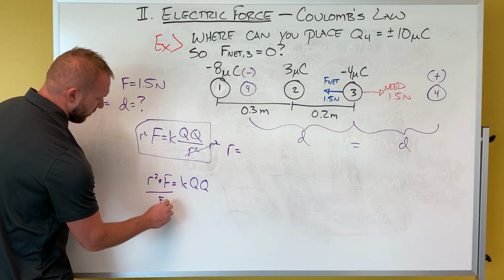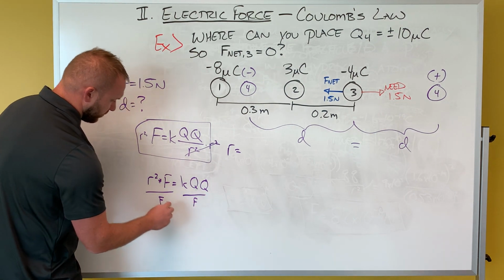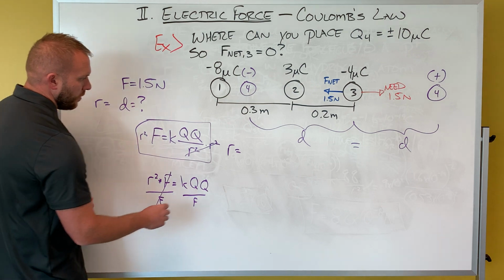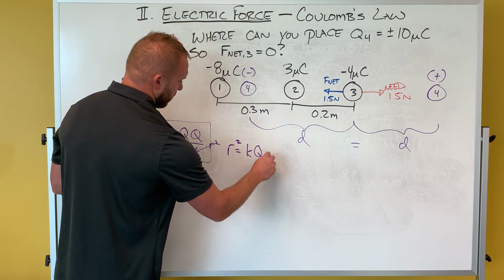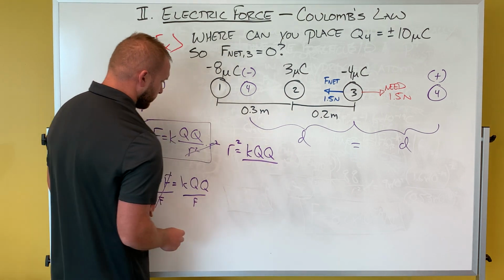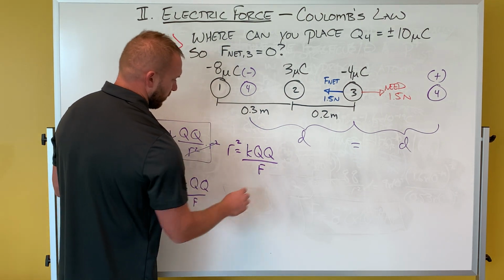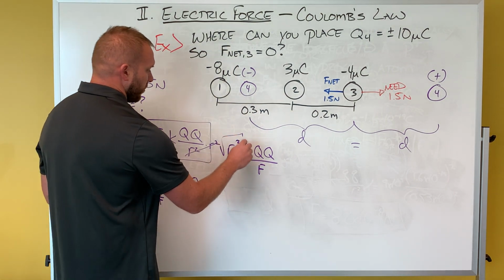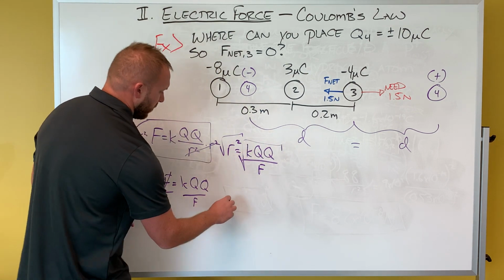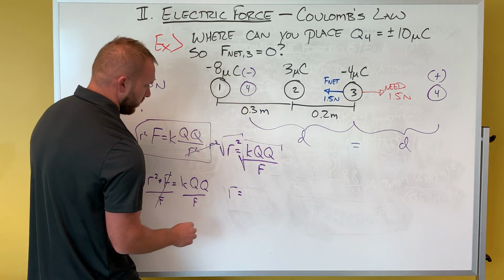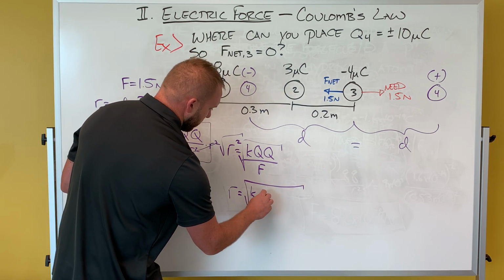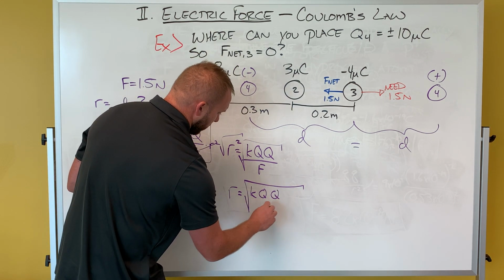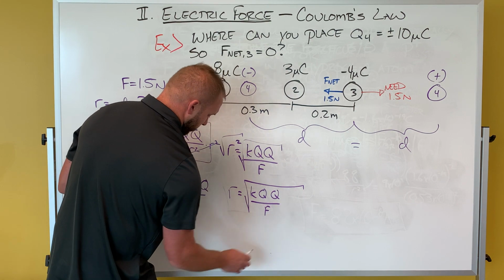Divide each side by F. So I get R squared equals KQ over F. And then lastly, I'm going to square root both sides. So I get R is equal to the square root of K charge over F.